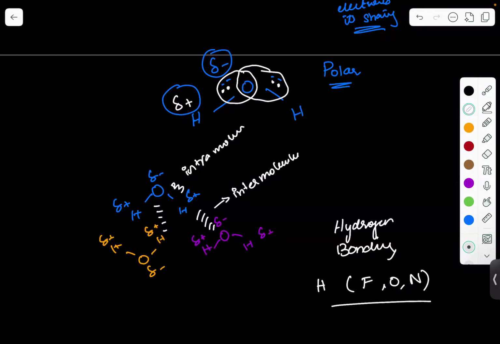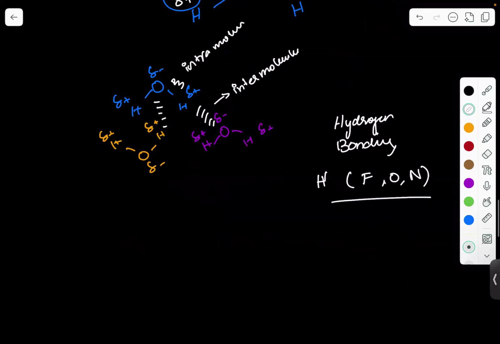And whenever hydrogen forms bonds with any of these, it leads to an uneven charge distribution. So you have hydrogen, fluorine, partial positive, partial negative. Hydrogen, nitrogen, partial positive, partial negative. Hydrogen, oxygen, partial positive, partial negative.